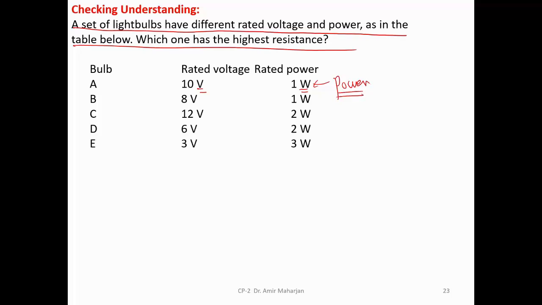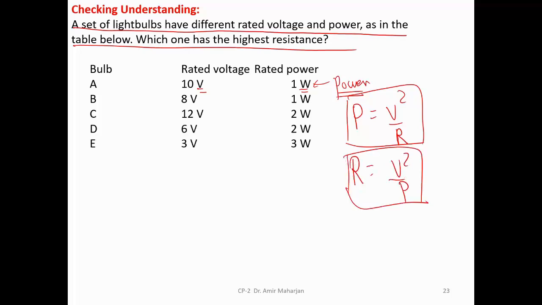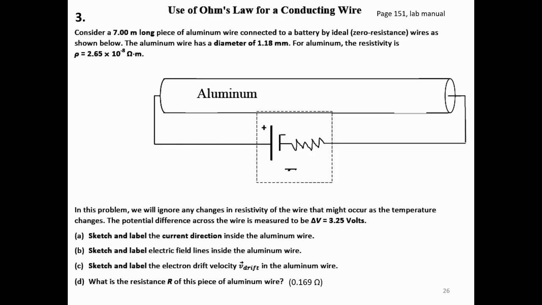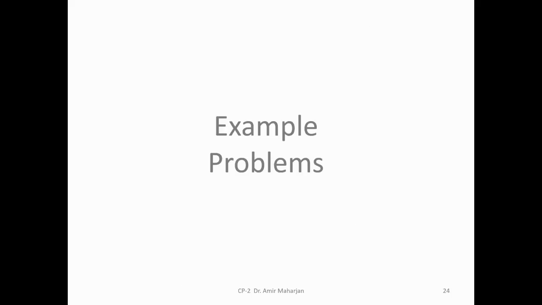So use P is V squared over R. Since P is V squared over R, R is V squared over P. Use this formula and figure out which one has the highest resistance. After that, there are some example problems which I have made a separate video for.